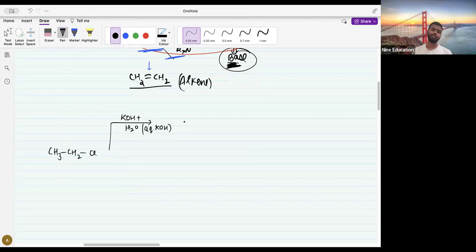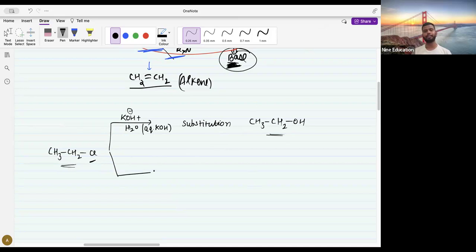Substitution will happen here. OH minus will substitute the Cl to give us CH3 CH2OH. Therefore from alkyl halide we will get our alcohol.